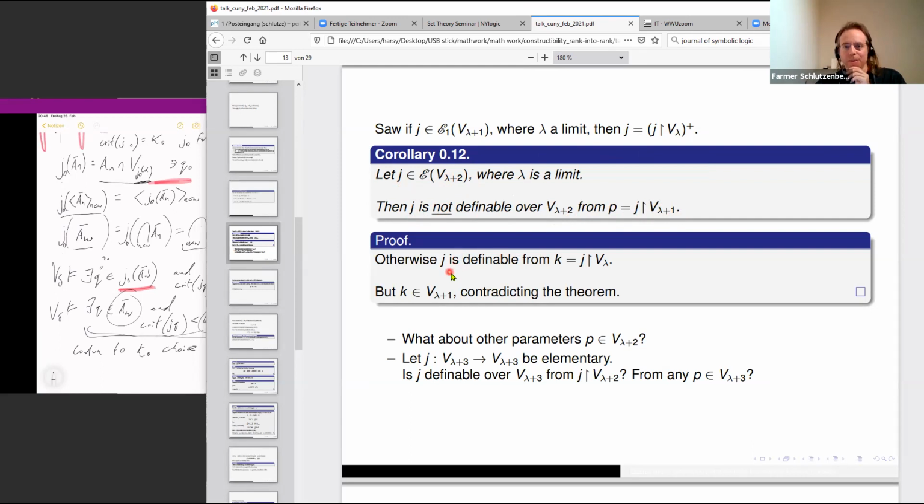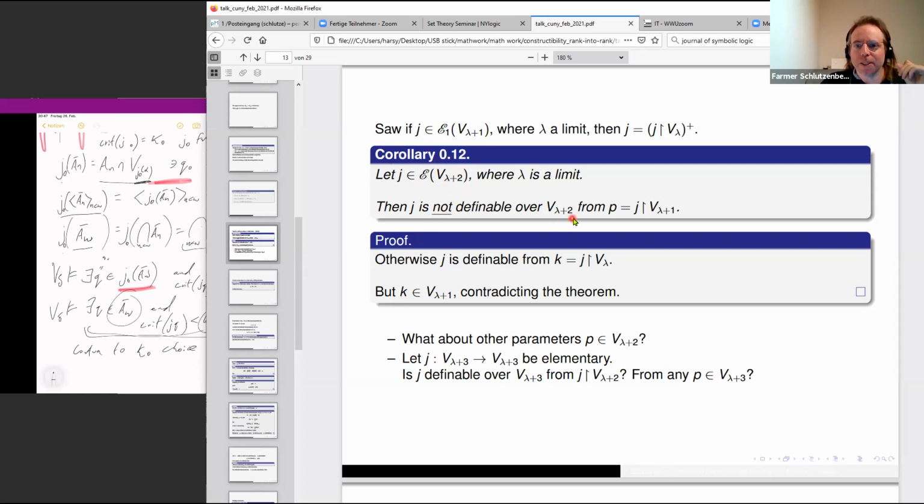Because if it was definable, then E was fully elementary. Notice that before, I was just talking about a sigma 1 elementary map. Here I'm talking about script E meaning fully elementary. At the moment, I'm assuming J is fully elementary. So J is fully elementary from V lambda plus 2 into itself.